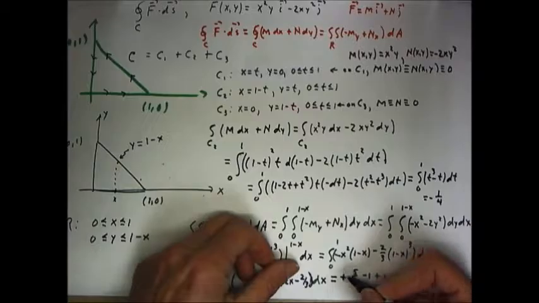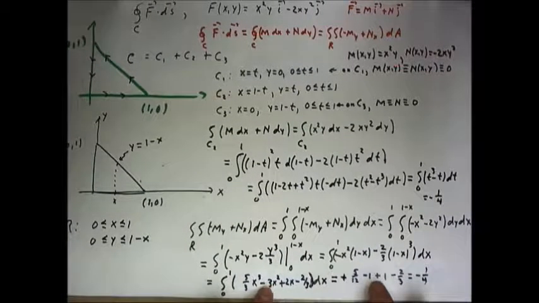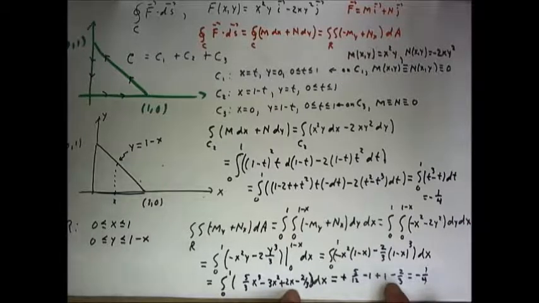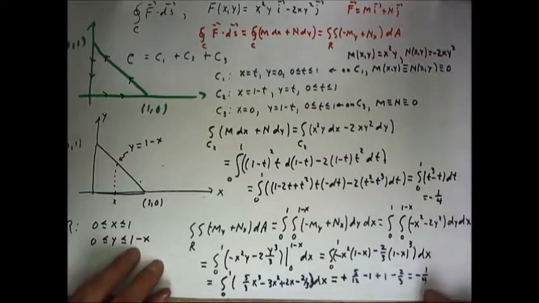The negative is kind of left over from before. Then we have x squared gives us x cubed over 3 times negative 3 gives us negative 1. Get a plus 1 integrating the 2x, a negative 2/3. So negative 1 and 1 give us 0. 5/12 minus 2/3 is 5/12 minus 8/12, which is negative 3/12, which is negative 1/4. And now we've verified Green's theorem for this simple region.